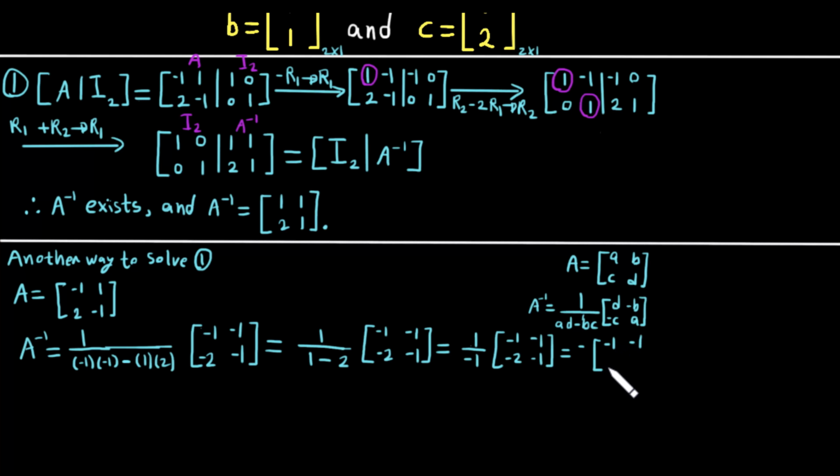I wrote everything step by step, and if you insert the negative, every element here, it will change the sign. So here it will be 1, negative with negatives here, it will be here 1, and here 2, and here 1.